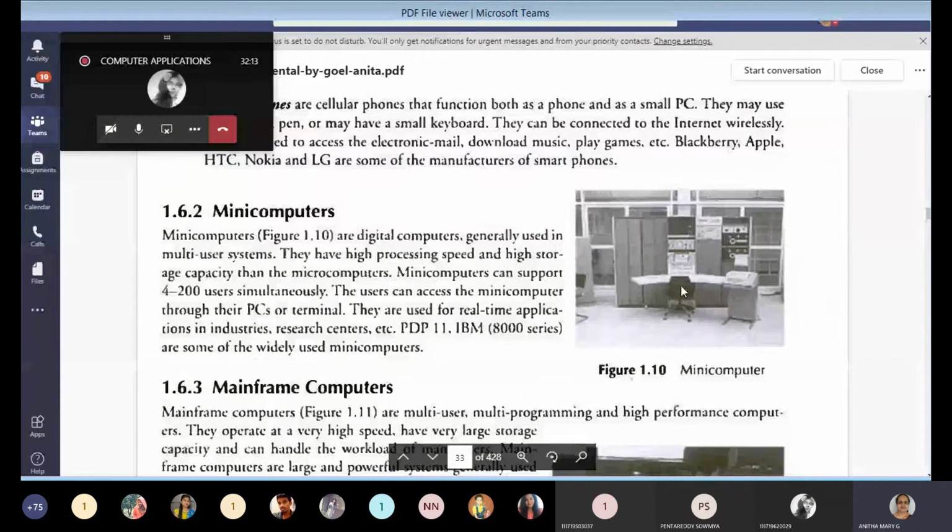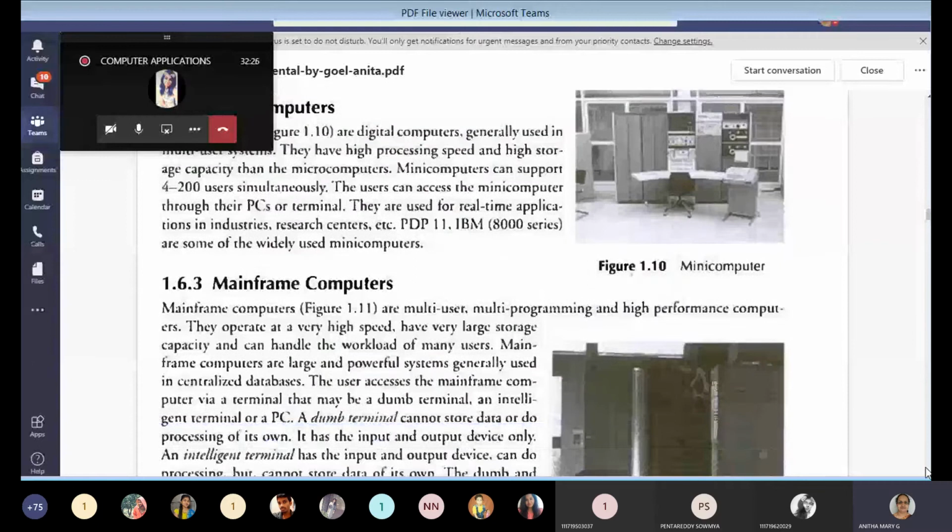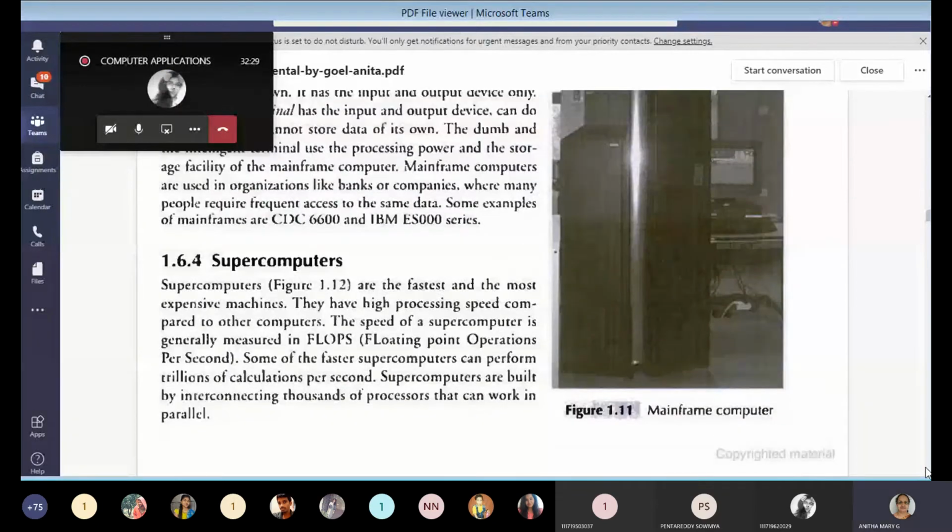And then moving on to the third type of computers, the mainframe computer. Just concentrate on the diagram here.